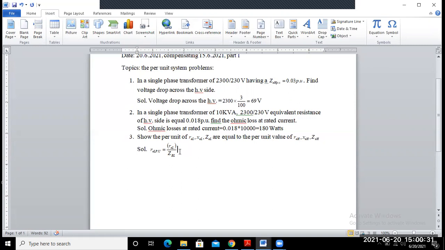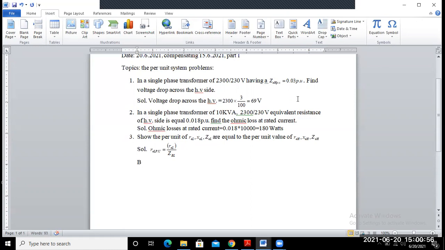So R_EL is equal to R_EH multiplied by the number of turns of the low voltage side divided by the number of turns of the high voltage side, whole to the power square. Okay, so R_EL can be written this way.